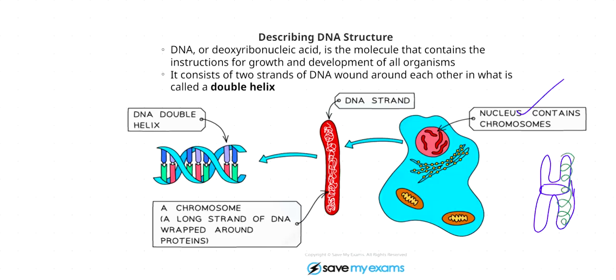It means that in one chromatid, one DNA molecule is present. So two chromatids, two DNA molecules in each chromosome.